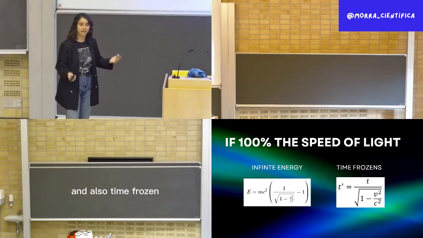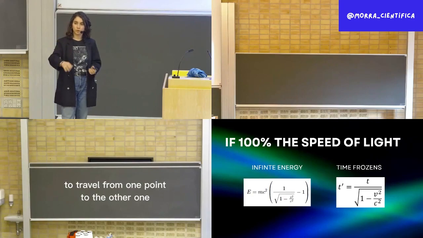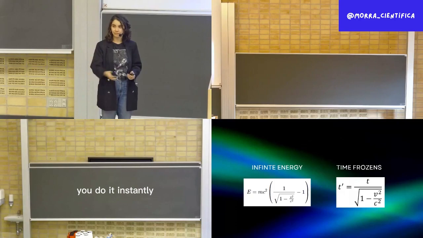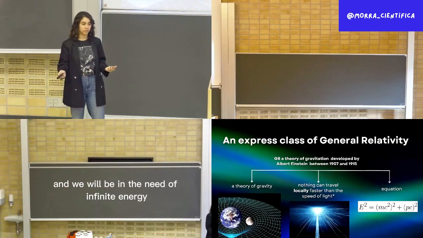Also time is frozen, because you wouldn't give it any time to travel from one point to the other. You do it instantly. So time is frozen, and we would need infinite energy.